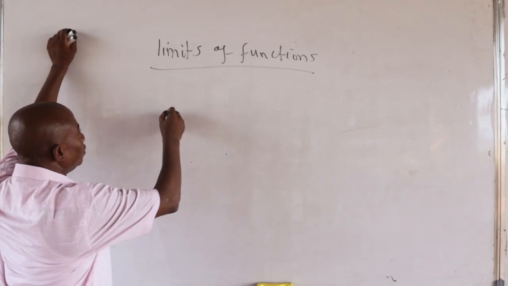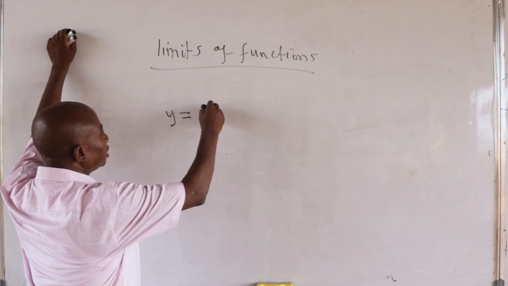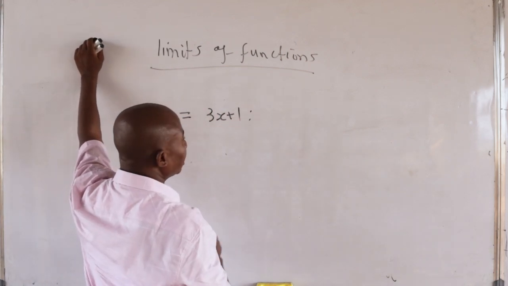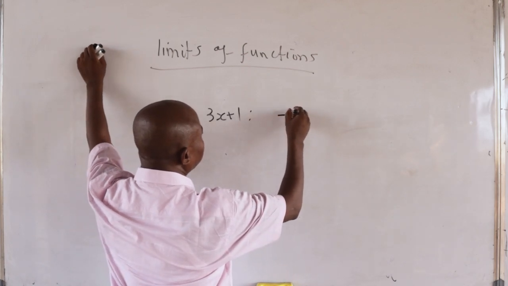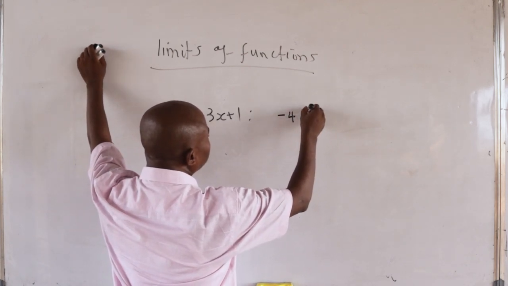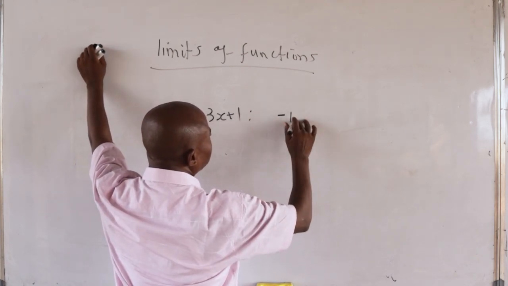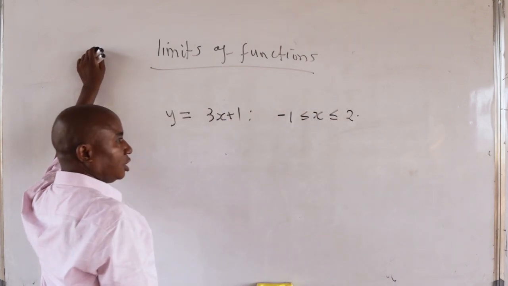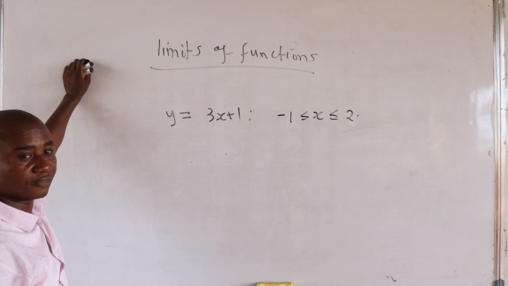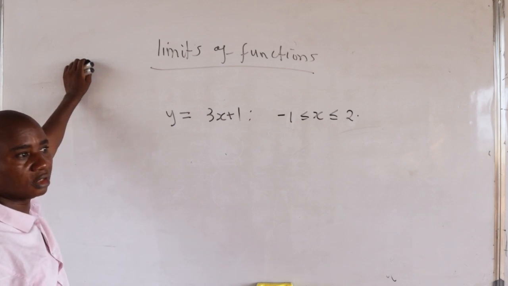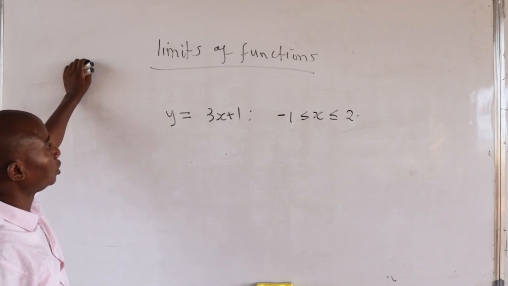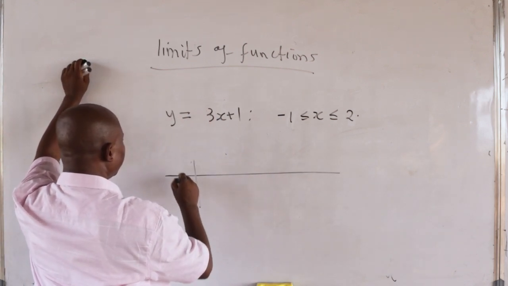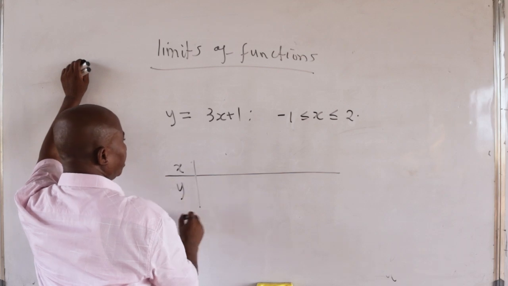If I give you y equal to 3x plus 1, and I ask you to plot the graph of the function for minus 1 less than or equal to x less than or equal to 2, we remember very well that the first thing to do is to do a table of values, with x and the y value.